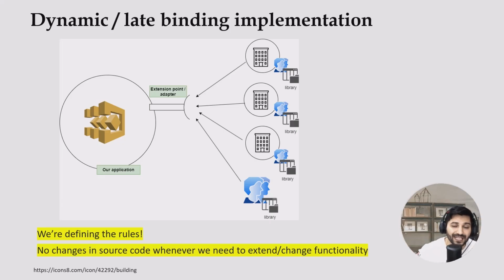All these banks should implement this interface with two functionalities because we are defining the rules. No changes will be required in this case for our core application because our application interacts with this contract, with this interface. So it doesn't matter what the internal implementation is for this contract. It is really important. So the dynamic late binding implementation fits our case for our ATM implementation.